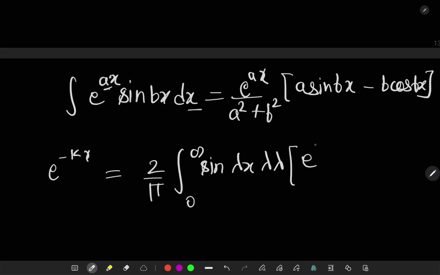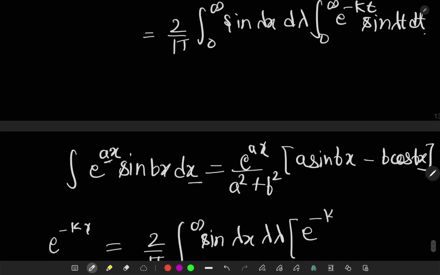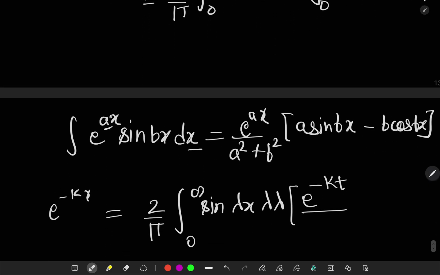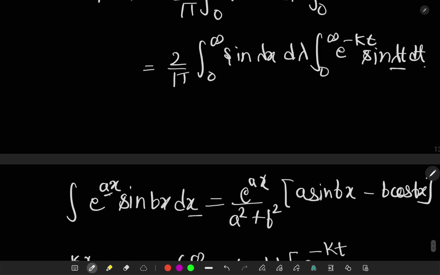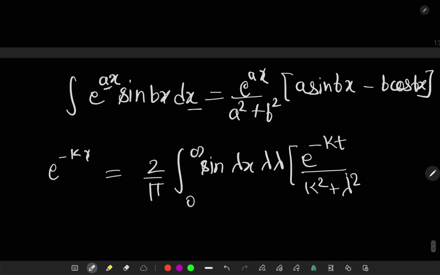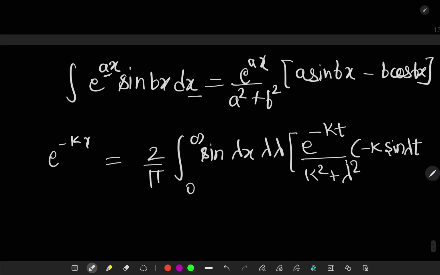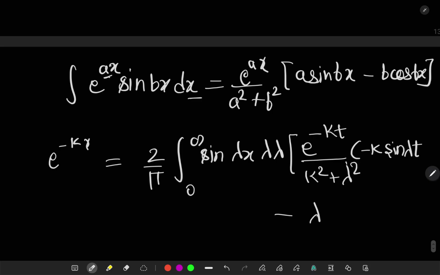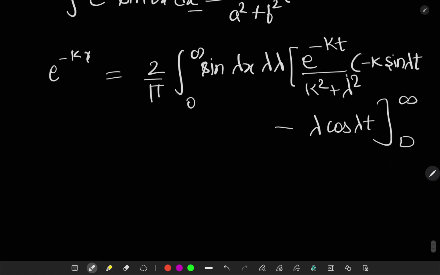We can write here e raised to power minus kt divided by k square plus, and this b is lambda, so b square is lambda square, into a is minus k sine lambda t minus lambda cos lambda t, and limits are from 0 to infinity.